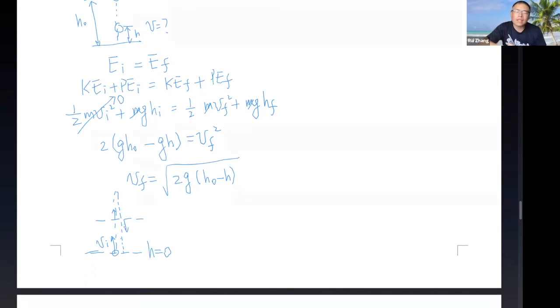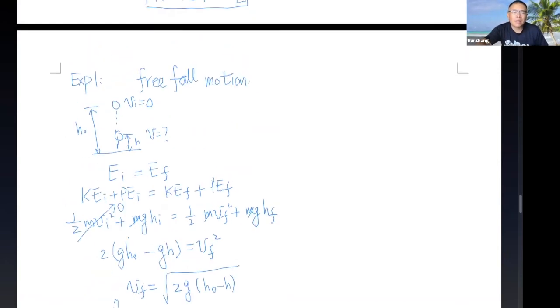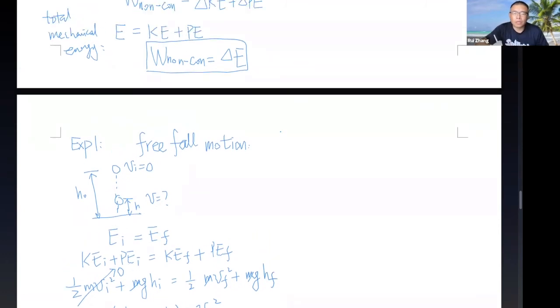We couldn't understand this very well when we got the result in chapter 2; we were just taking it as some kind of symmetry consideration. But from the energy point of view, it's clear they have to have the same speed at any given height. Does that make sense to you guys? Any questions? Good. Let me give you another example so that you can appreciate this even better, okay?